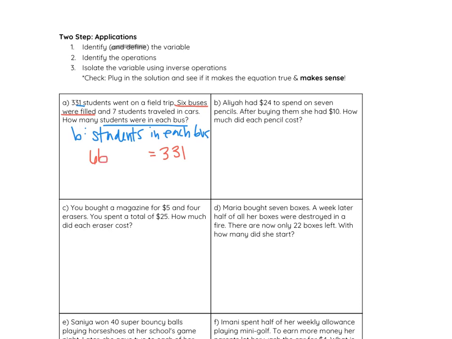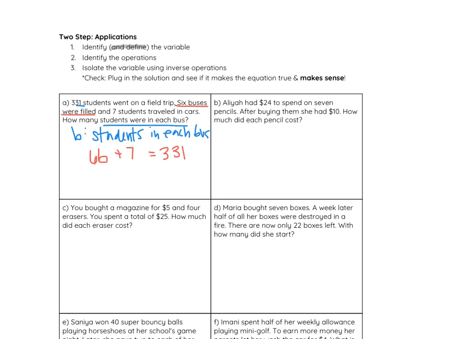So say there were 2 students on each bus, which would make no sense. But we had 6 buses, 2 students on each bus. That means there would be 12 students on the buses. Well, we also had 7 students who traveled in cars. So now I've set up the equation, and B represents the students in each bus.